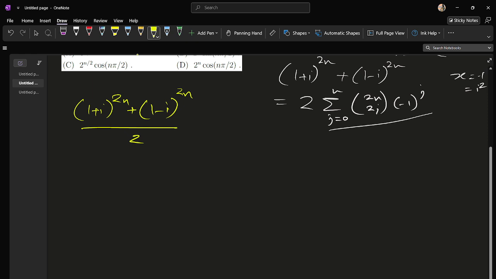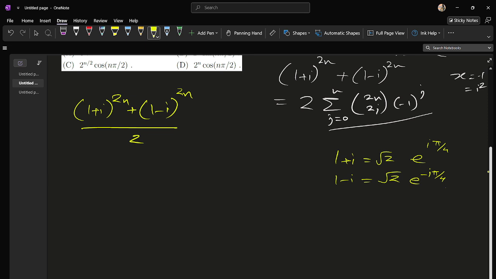Now we can write 1 plus i equals root 2 into e to the power i pi by 4, and 1 minus i equals root 2 into e to the power minus i pi by 4.